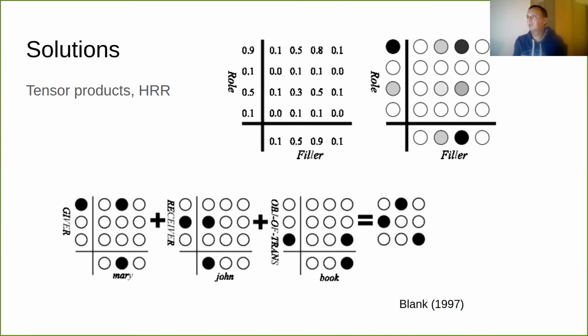And of course, you can do more bindings. If you have higher order relations, then you can bind the dog, which is the subject of sitting, for example, to the second argument, to the second role of the relation of possession.